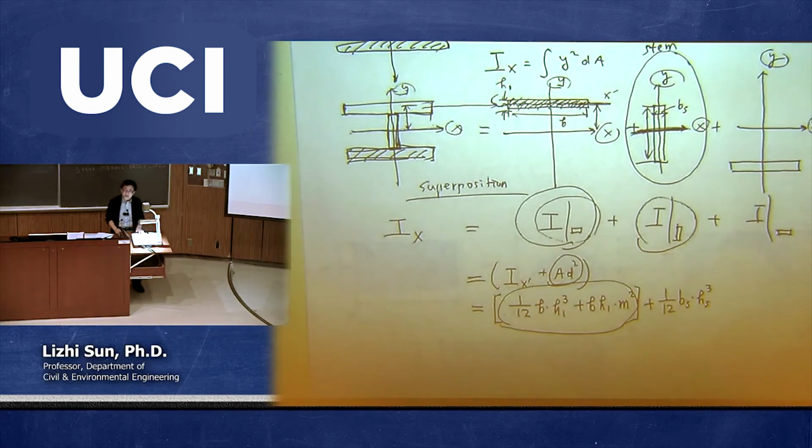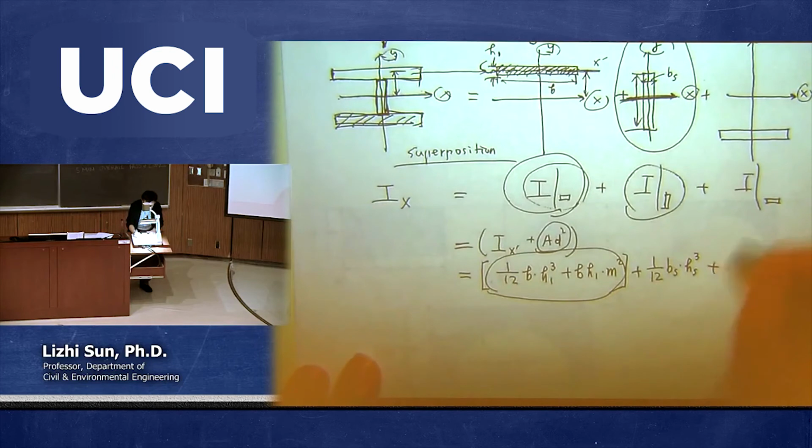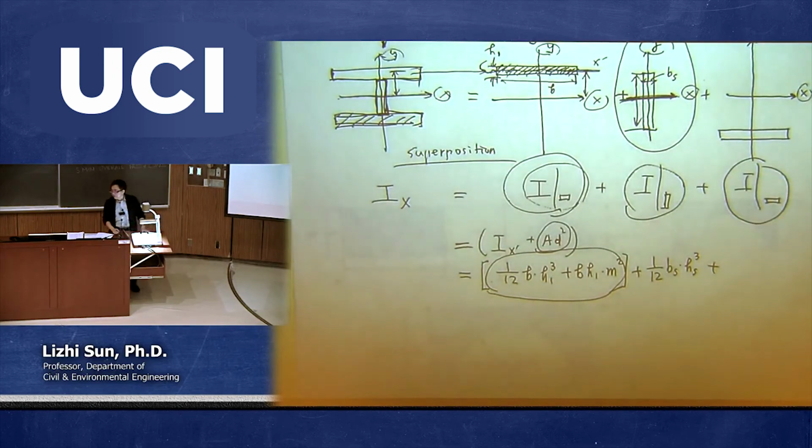So this is simple. This time we do not even need to use the parallel axis theorem, because that axis happened to pass through the centroid of the second area. Okay, number 3, the last term. What is the moment of inertia based on this one? The same thing.